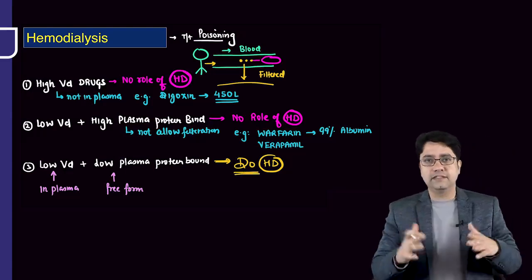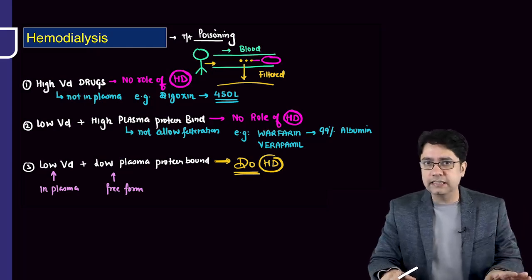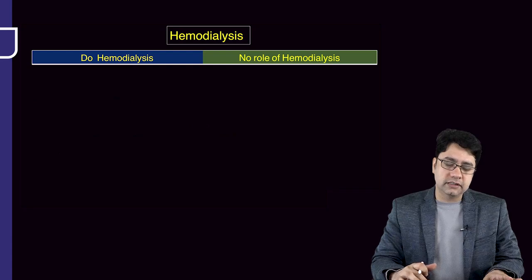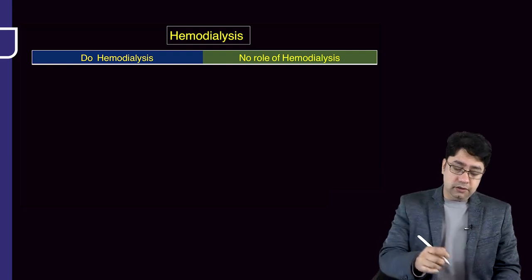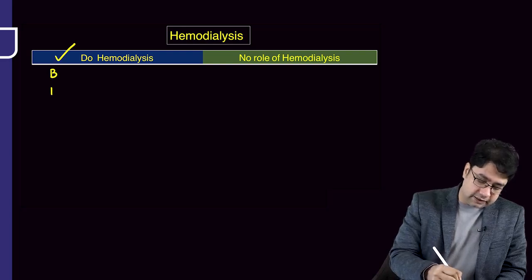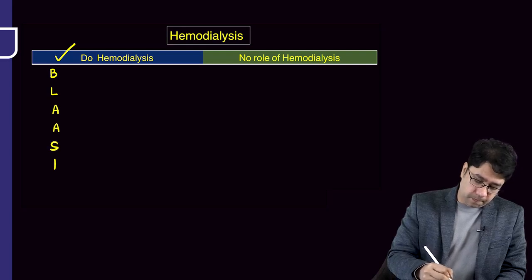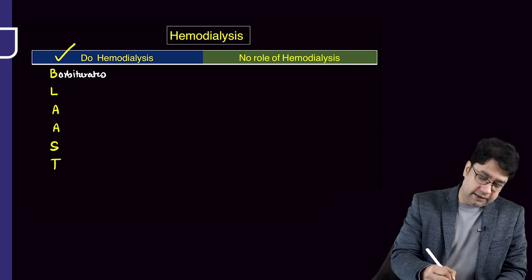Okay. So let's write the list of the drugs in which we will do hemodialysis and those drugs in which there is no role of hemodialysis. For the poisoning of those drugs in which we do hemodialysis, the mnemonic is BLAST. B for barbiturates, and you will find an MCQ with phenobarbital.